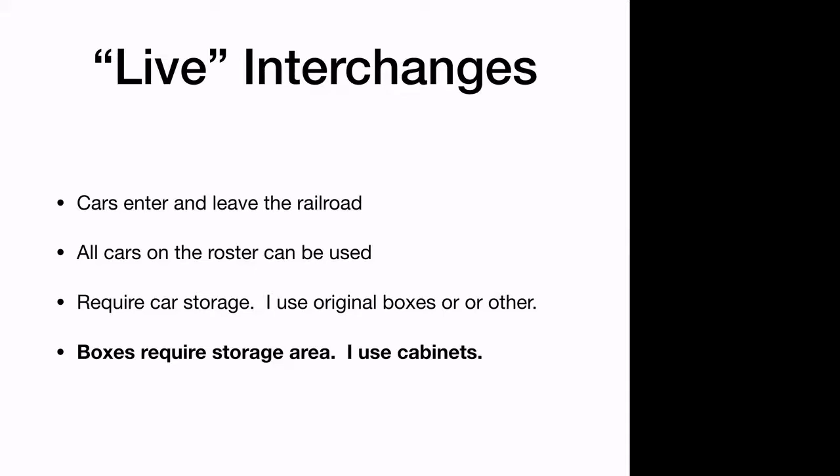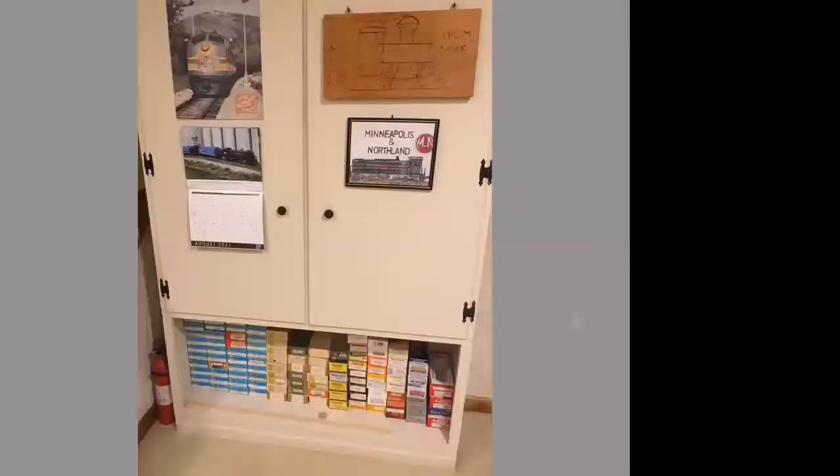Of course, if you're using the boxes like I do, you're going to have a storage area for them. And I happen to use cabinets. And this cabinet, I used to also in my day, do a lot of woodworking and putzing around. So this is one of the cabinets I built for the railroad. And that cabinet will have inside, you see the shelves, on the shelf on the bottom, that contains empty boxes.